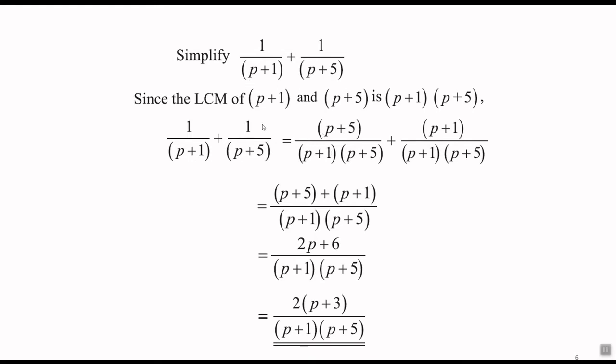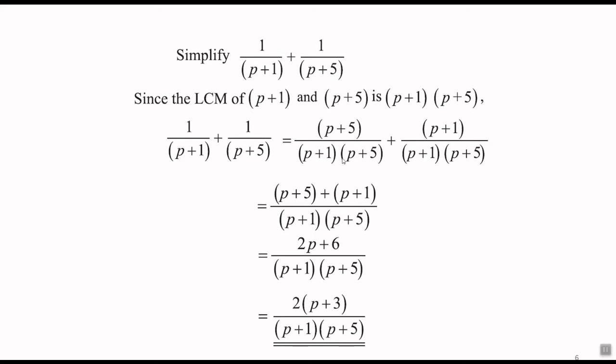So you need to add the two algebraic fractions. Take the first fraction and multiply both numerator and denominator by p + 5, so you get the common denominator. Take the second fraction and multiply both numerator and denominator by p + 1.